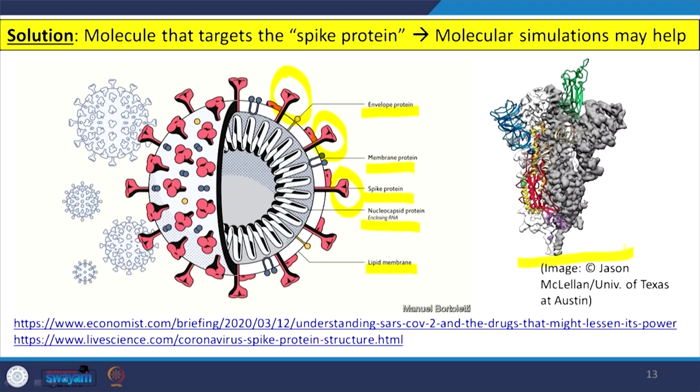So, ultimately if I want to find a cure for this virus, we need to find a molecule that attacks these spike proteins. Somehow that vaccine molecule should be compatible with these molecules, or it should do some kind of action on them, right.